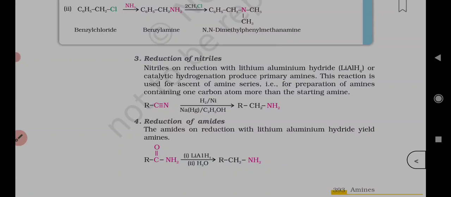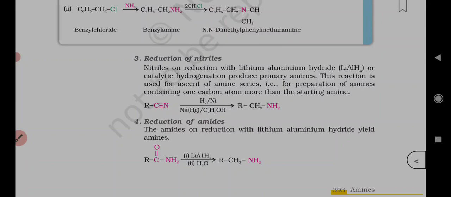Hence the amine formed from benzamide is an aromatic primary amine containing 6 carbon atoms. Okay, so it will form aniline or benzenamine.